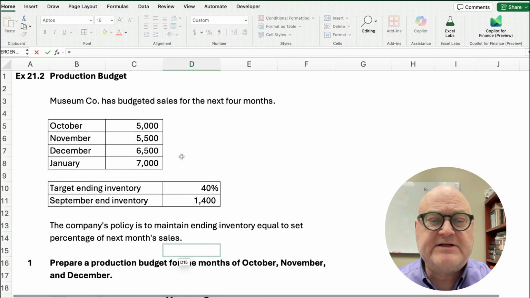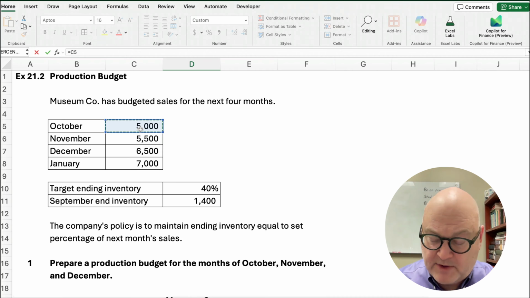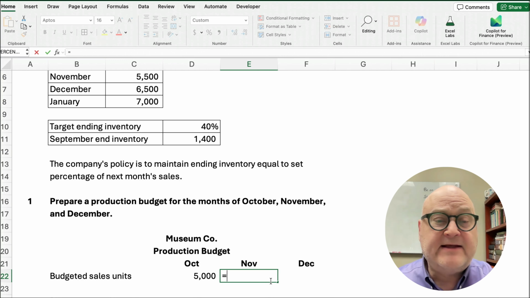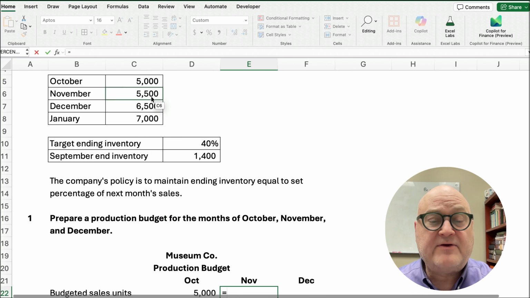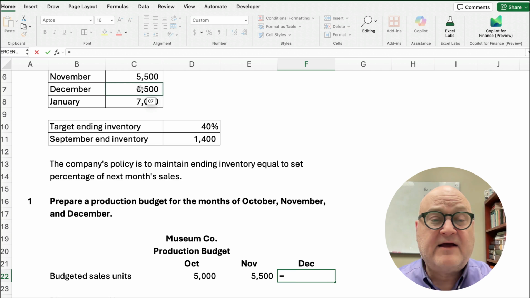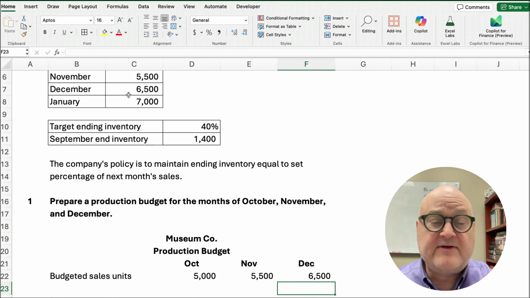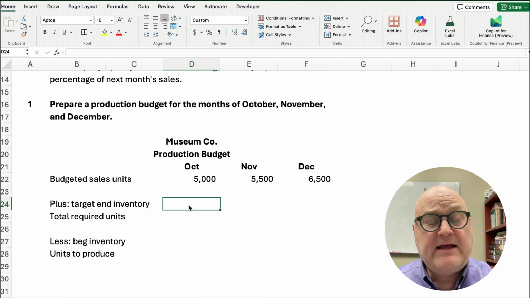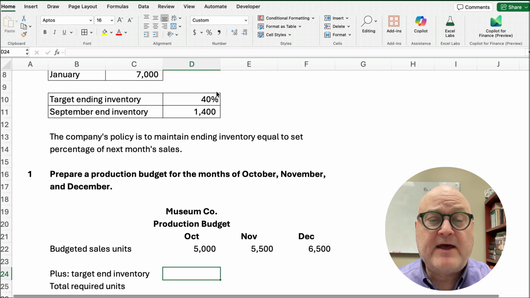So let's say our budgeted sales for October is 5,000 units, and for November it's given to be 5,500, and then in December we also have 6,500. So there are our budgeted sales in units for those 3 months. Now, we want to maintain ending inventory, and remember the amount is 40%.